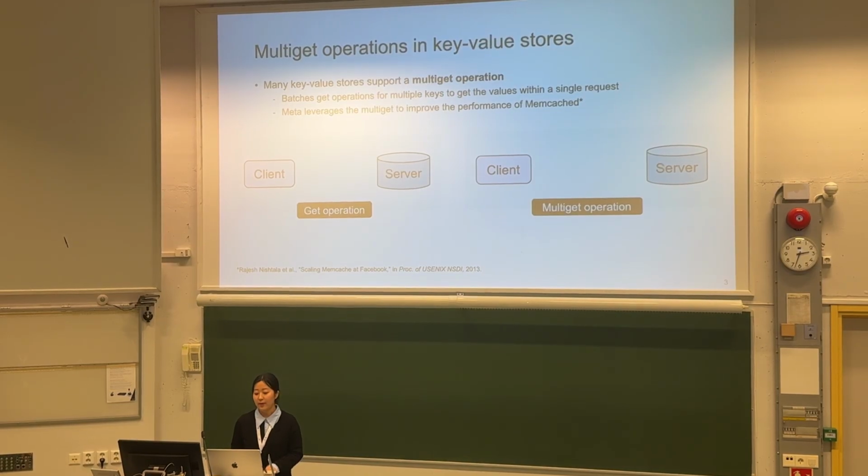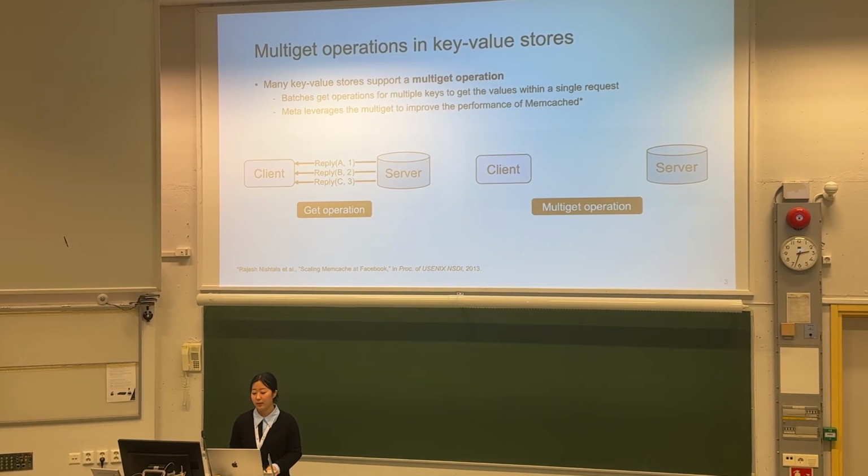To provide faster access to multiple keys, these systems support a multi-get operation. Multi-get allows clients to fetch the values of multiple keys with a single request. For example, if a client wants the values for keys A, B, and C, using basic get operations would require 3 separate requests and 3 responses.